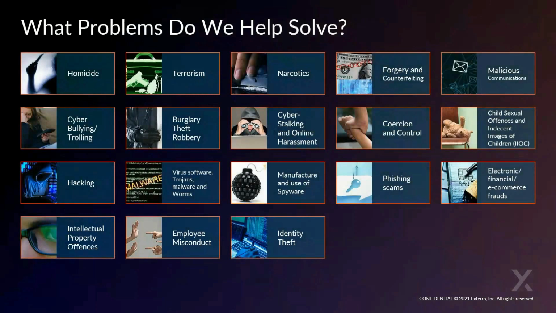As you can see, from homicide, terrorism, narcotics, to intellectual property offenses, to identity theft, and so on, we have lots of tools and specialized features for dealing with different types of data. And we are solving the problems of the customers that are using the product at the moment.